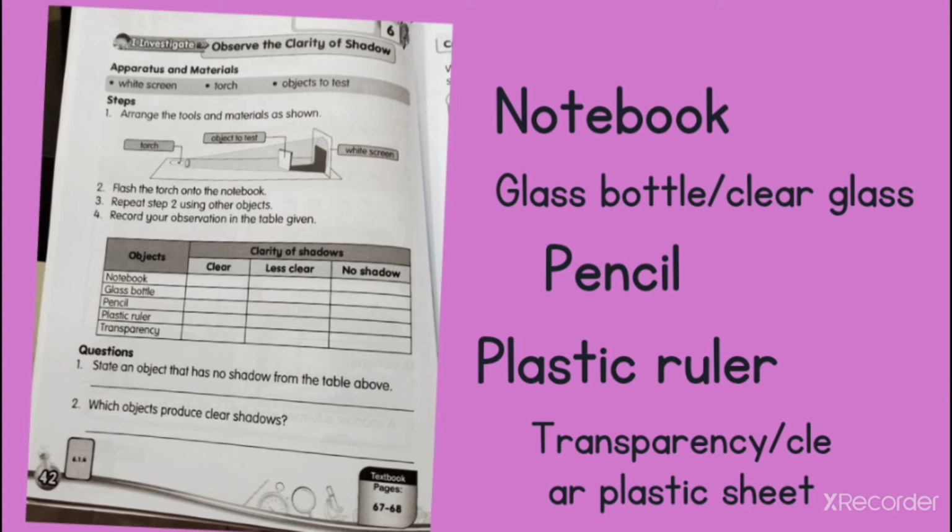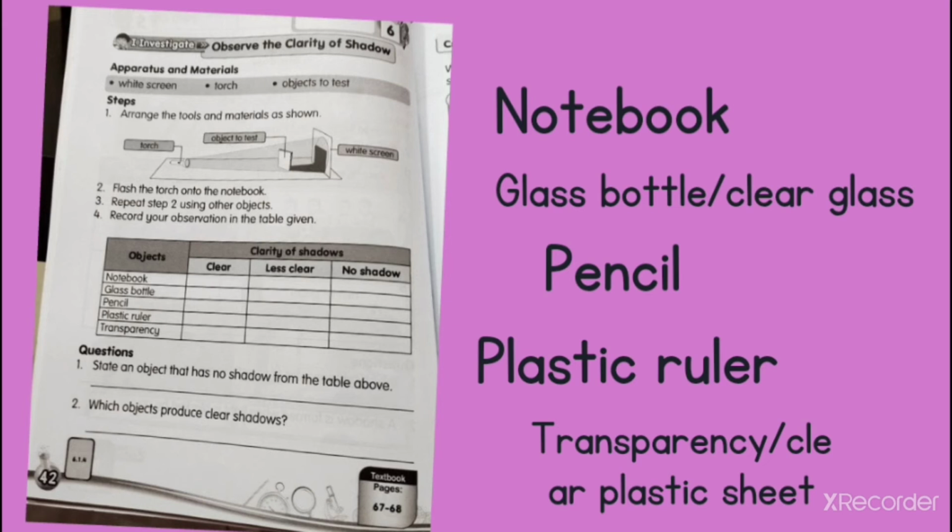There are 5 different objects that you need to test: a notebook, a glass bottle, or if you don't have a glass bottle, you can replace it with a clear glass, a pencil, a plastic ruler, and a transparency. If you don't have a transparency, you can replace it with a clear plastic sheet.